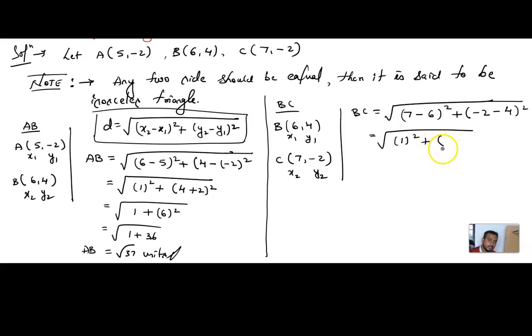If both are minus we should add, but here the minus sign remains the same, that is -6 whole square. So root of 1 square is 1 plus (-6) whole square, 6 sixes are 36. So root 37 units. So BC is equal to root 37 units.